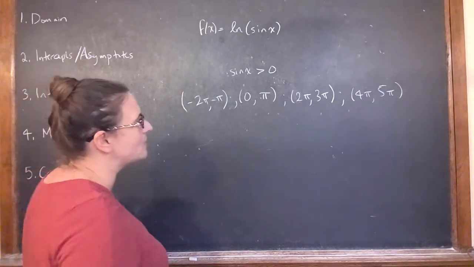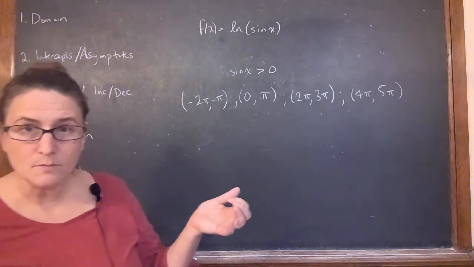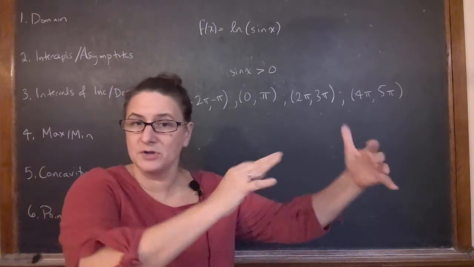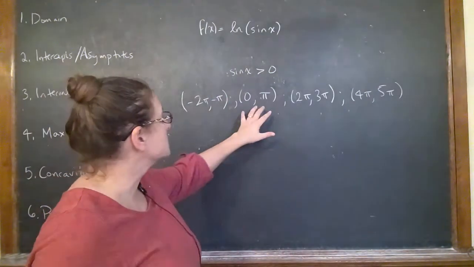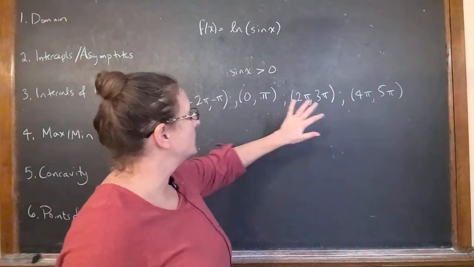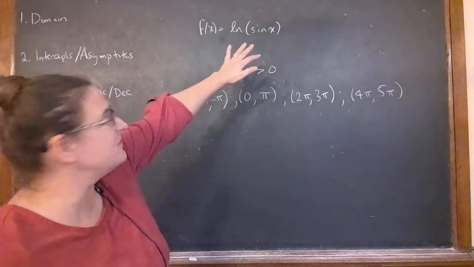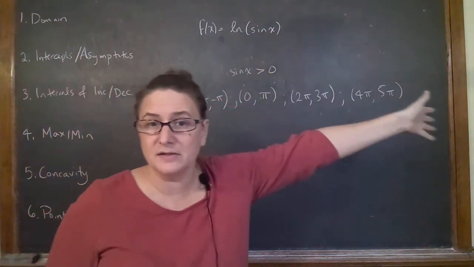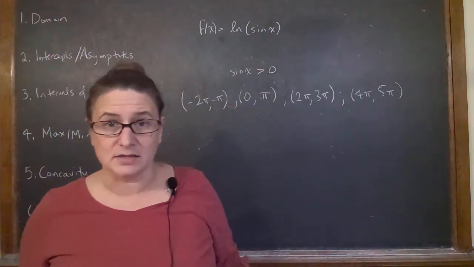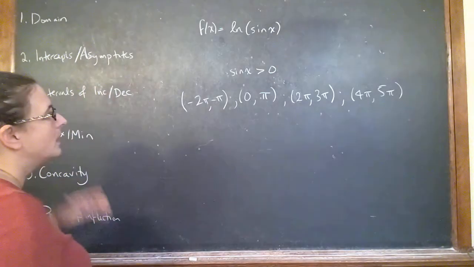So basically you have this situation where you've got a chopped up domain, where you have areas where there's no graph, and then areas where there is a graph. But they didn't specify the domain. So if they don't specify the domain, you have to list all that stuff, okay?